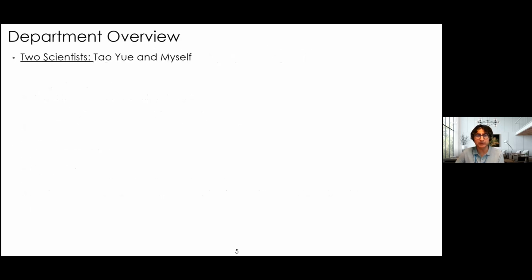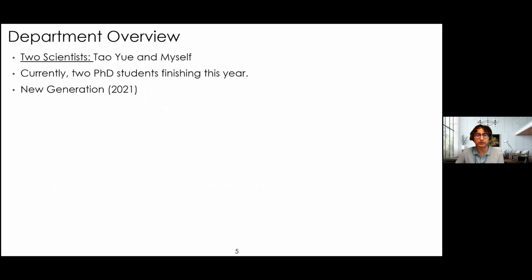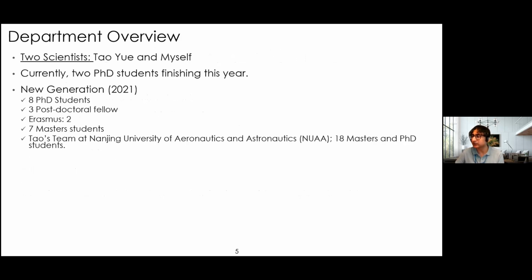In the department overview, it's mainly two senior scientists, Tao Yue, my colleague, and myself. Then we have a couple of PhD students who are graduating this year, and quite a bit of new hiring is taking place. We have 8 PhD students, 3 new postdoctoral fellows, and so on.